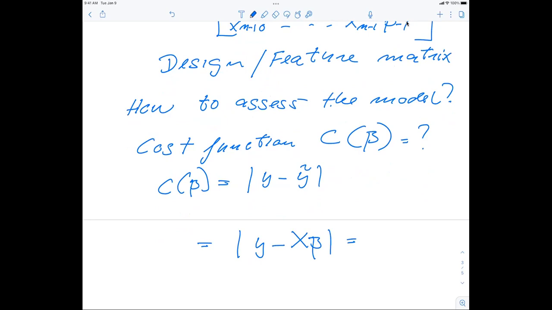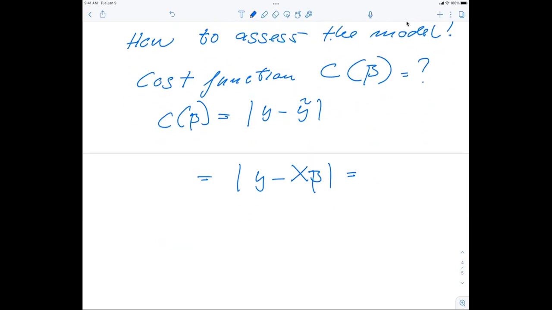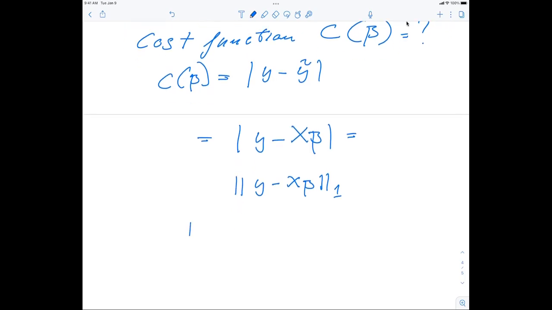Since this is the absolute value, I'm going to write this in terms of the norm 1. Are you familiar with that notation? The norm 1 of a vector is the sum over all the components of the vector, from i equals 0 to n minus 1, of the absolute value of x_i.